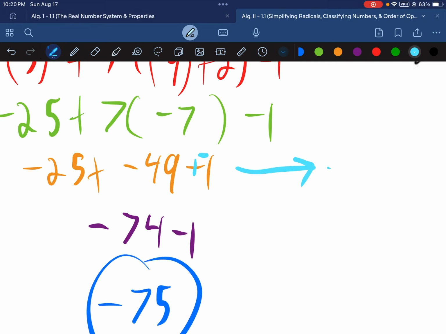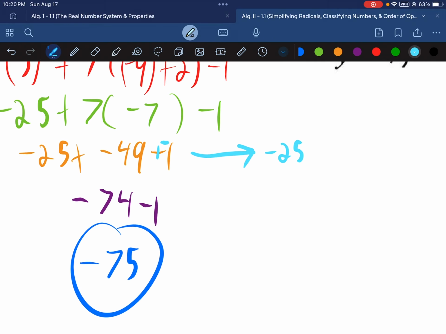And so if you did that, you could do a different way to do the problem where you get negative 25 and you combine these two first because you can add in any order. So if you add negative 49 and negative 1, you end up getting negative 50. And negative 25 minus negative 50 is still negative 75.